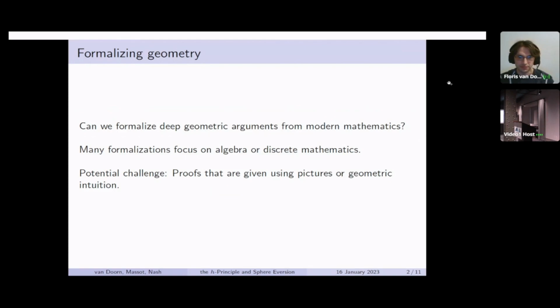And that raises some potential challenges because in a textbook, a proof like this might be given using a picture, or maybe some geometric intuition is invoked, and that can be given instead of the details of certain proofs. So that is a potential challenge to overcome.